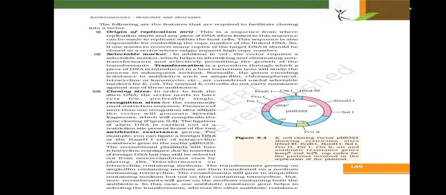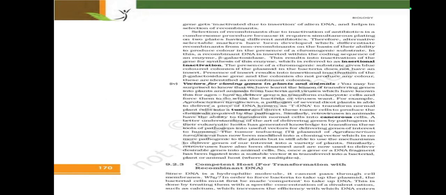In this case, one antibiotic resistance gene helps in selecting the transformants, whereas the other antibiotic resistance gene gets inactivated due to insertion of foreign DNA and helps in selection of recombinants. Selection of recombinants due to inactivation of antibiotics is a cumbersome procedure because it requires simultaneous plating on two plates having different antibiotics.